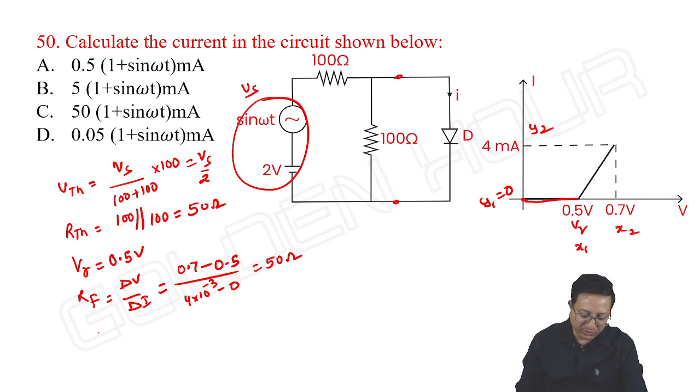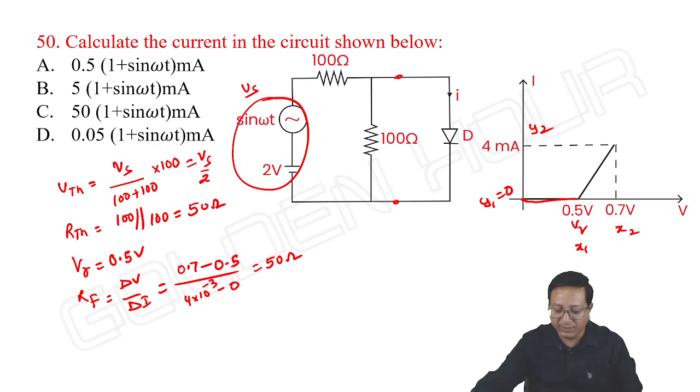RF we have got, V gamma is also known. Now let us take its Thevenin's equivalent circuit. Vs by 2, which I will write here.